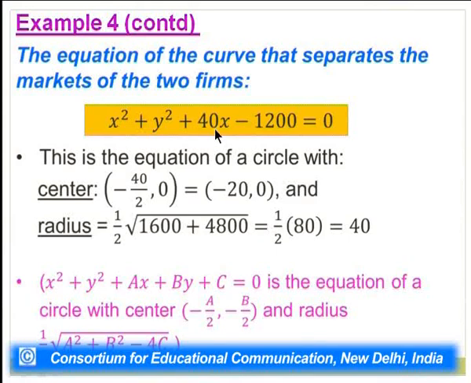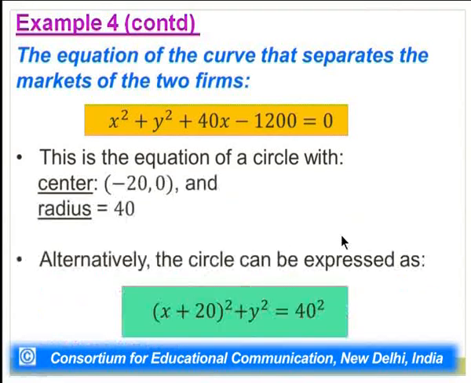So that's 1600 plus b, if I use the formula, b square is 0 here, minus 4c, which is minus 4 times minus 1200, which is 4800, and that gives me the radius, which is half times 80, which is 40.